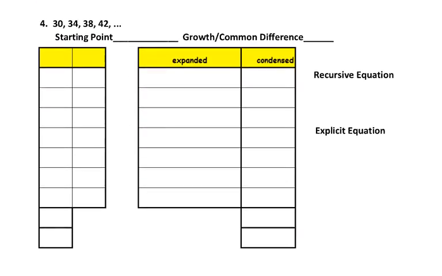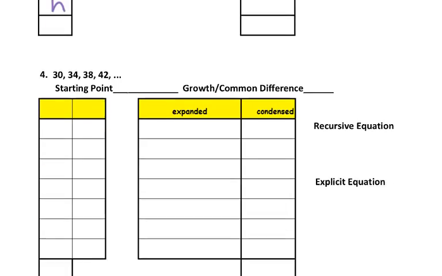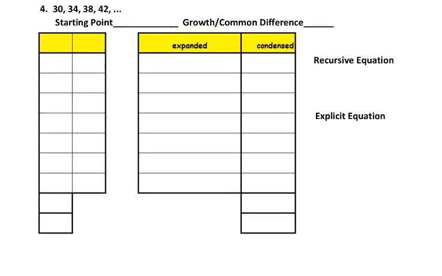Okay, now number 4. In case you didn't stay caught up with me, you should have all this already done. So 0, 1, 2, 3, 4, 5, 6, n. 30, 34, 38, 42. It should be pretty easy to see that our growth is plus 4.